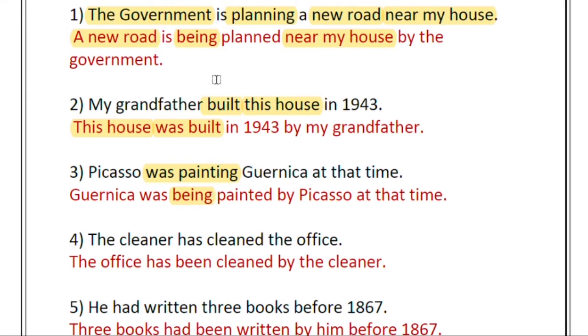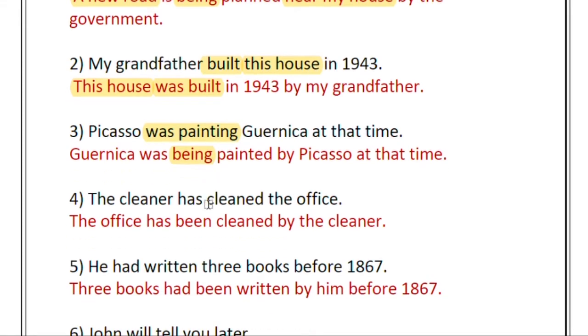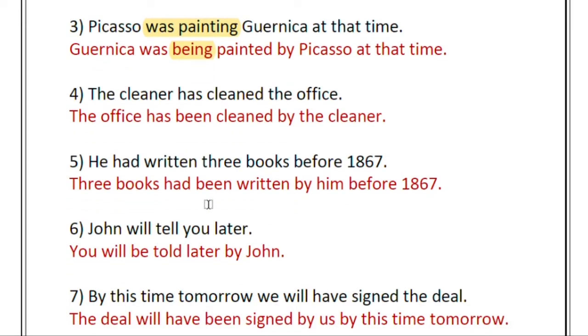Remember that if it is simple past like sentence 2, then only was built. If simple past continuous, then was being will be added. Okay, as it is a continuous tense, you have to keep the sense of the continuous idea. So being. Coming to sentence number 4, the cleaner has cleaned the office. So the cleaner is the subject over here, so that must come at the end.